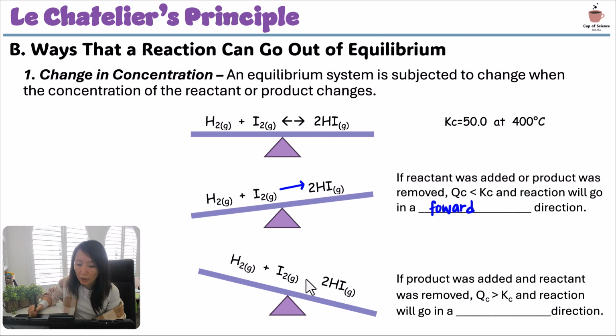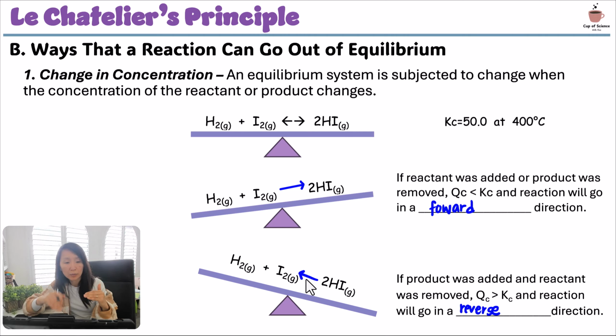So now it's going to want to favor the reverse direction in order to re-establish the equilibrium. So all of these are based off of the change in concentration, and to re-establish the equilibrium, they're going to go in either a forward or reverse direction.